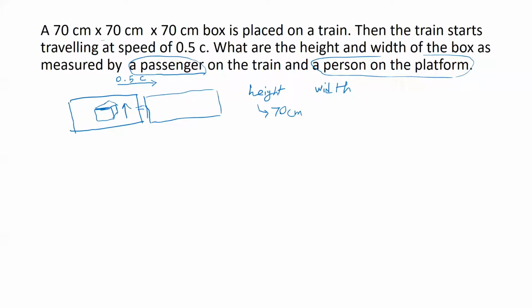They are moving together. So relative motion between passenger and box is 0. As a result, the passenger measures the proper or rest width, which is 70 centimeters.